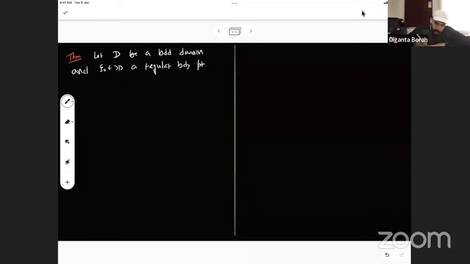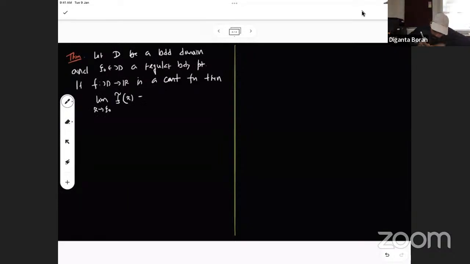If f from the boundary of D to R is a continuous function, then the Perron solution f tilde of z converges to f of zeta naught as z goes to this regular boundary point zeta naught. So at a regular boundary point, the Perron solution converges.